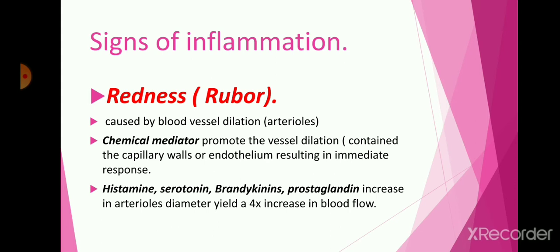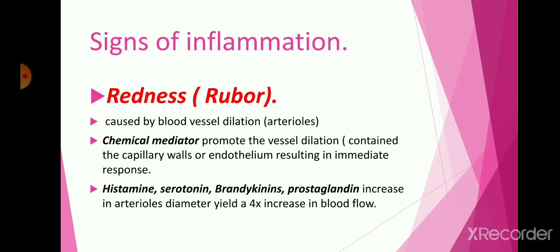This redness is caused by vessel dilation, and this vessel dilation is promoted by chemical mediators. These chemical mediators act on the capillary wall and endothelium, resulting in an immediate response. These chemical mediators include histamine, serotonin, bradykinin and prostaglandin, which increase the arteriole diameter.